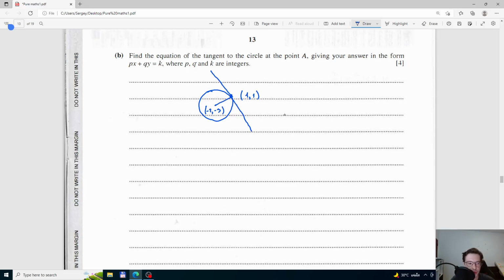Let's draw the radius as well, and as everybody knows, radius is perpendicular to the tangent. And because the lines are perpendicular, we can find the gradient of the line which contains the radius. And let's use the fact that the tangent is going to be perpendicular to this radius.